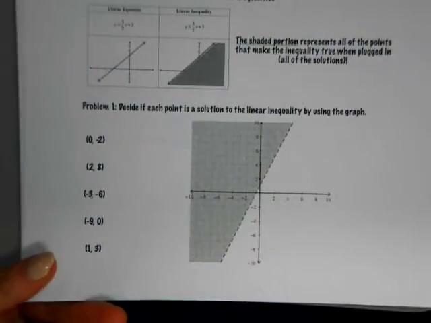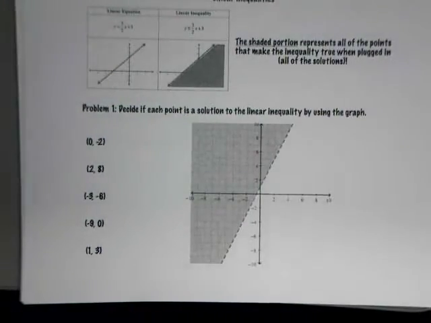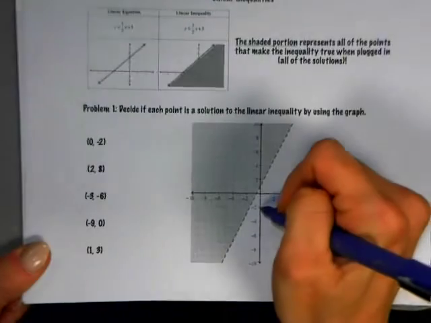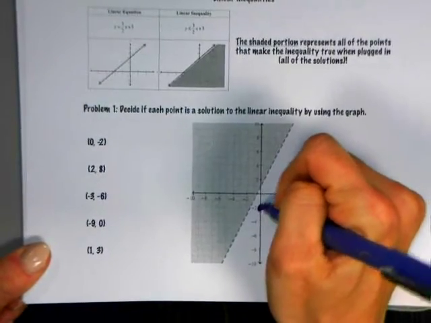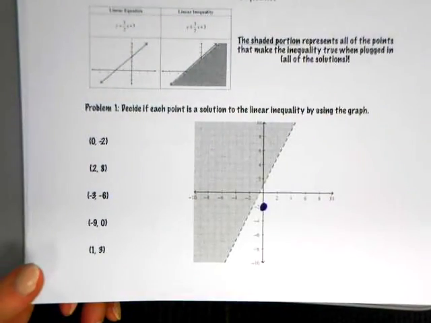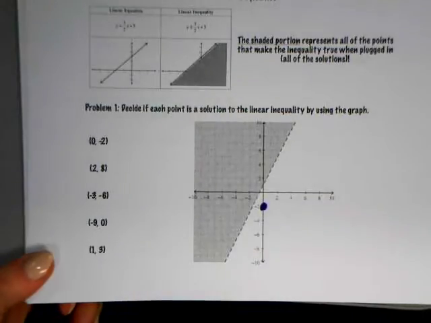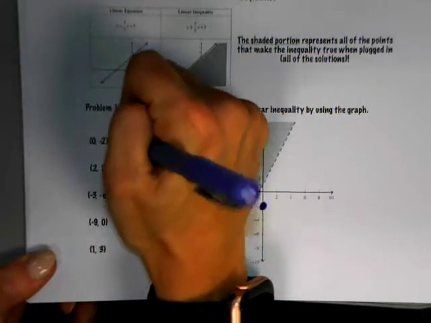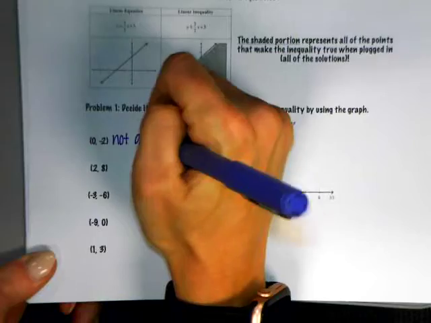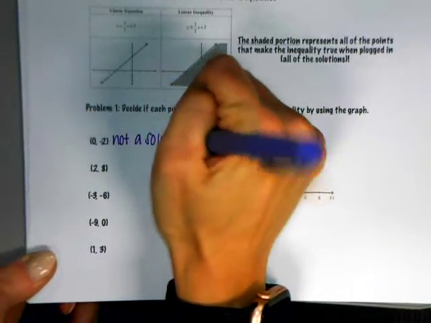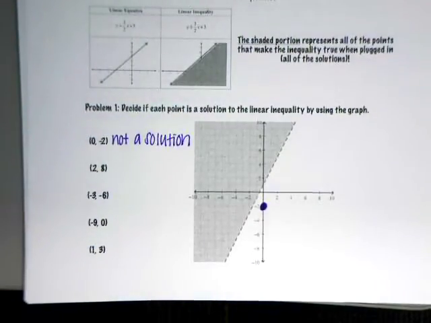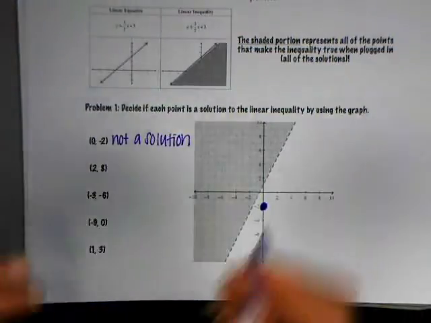So we have 0, -2, which is me right here. So that is not in the shaded part. So would it be a solution or not a solution? Okay, 2, 8.